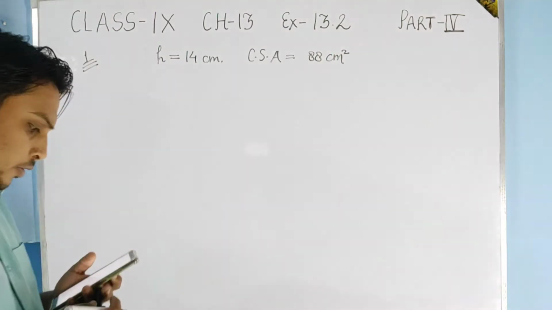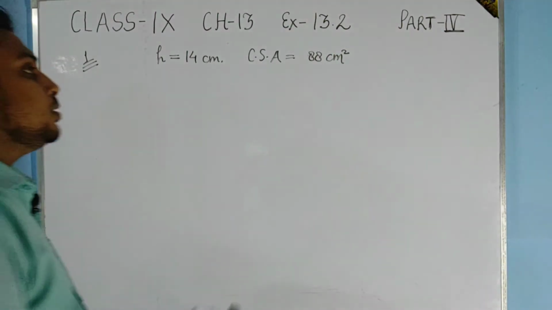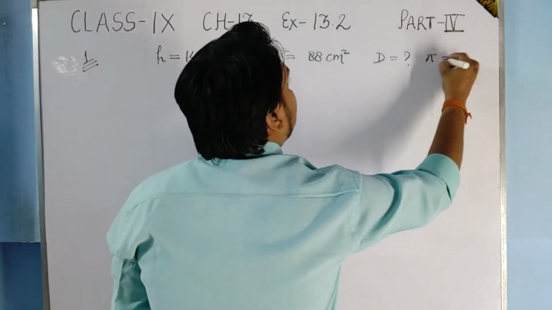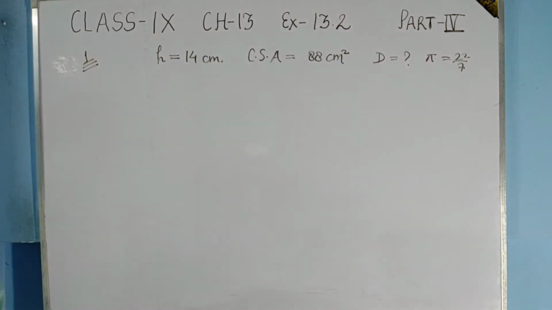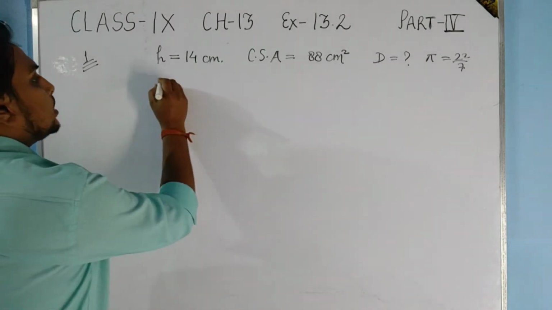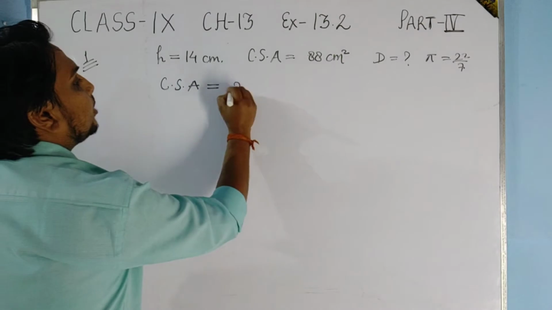We have to find the diameter of the base of the cylinder. Use pi is equal to 22/7.